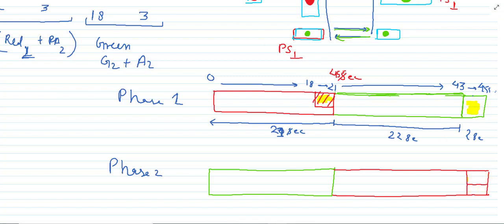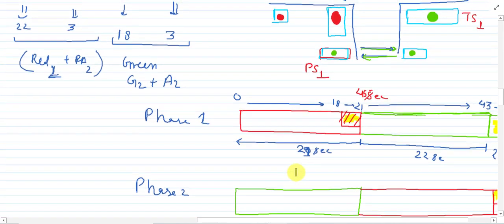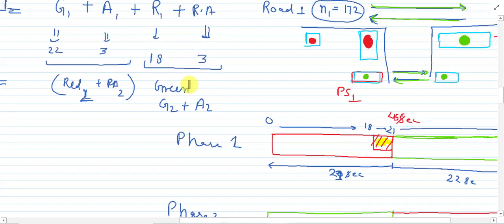This is red amber light, which is the transition zone between the green light and the red light. Sorry, this is 2 second basically.